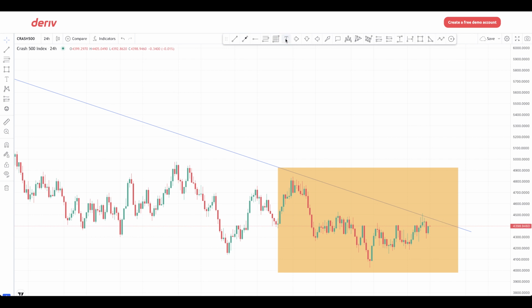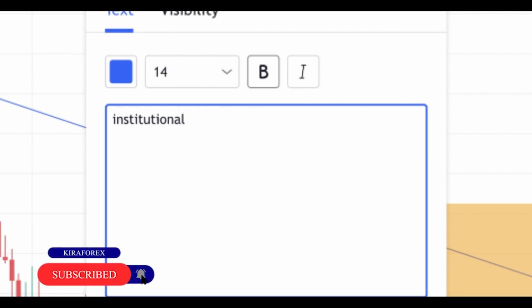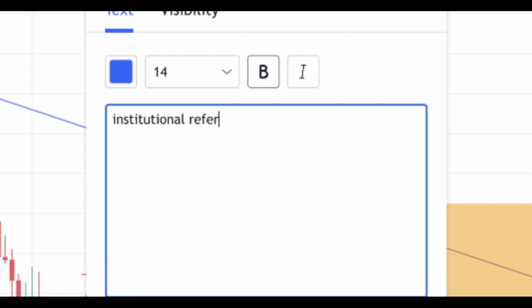Before that, I'd like to let you know what the institutional reference points are. Like I said, I'll be using the SMC method in today's analysis, which is the same as the institutional trading method, or trading like the big banks.